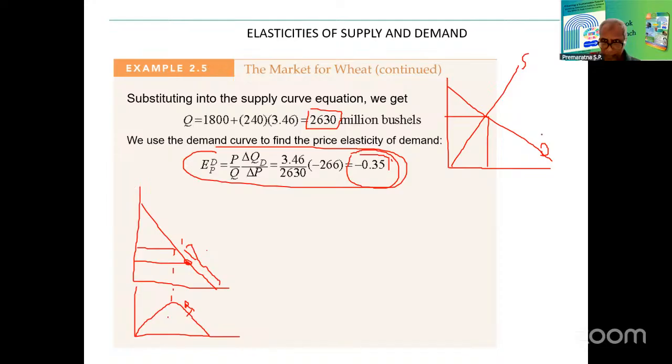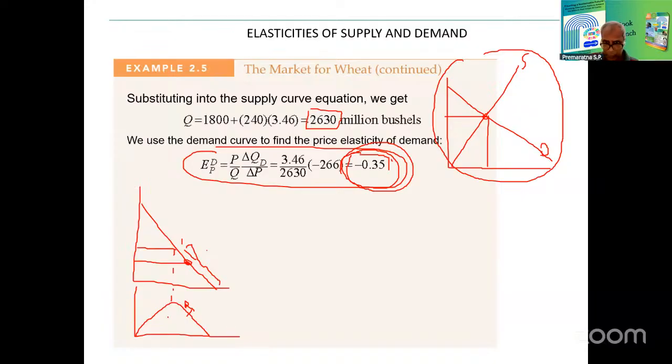Another point that is entirely an exam matter: if you calculate the elasticity at the equilibrium point like that, and if you draw your demand and supply curves and show the equilibrium point somewhere here, I deduct some marks, which means you are not aware of the concept we learned here, that elasticity changes along the demand curve.